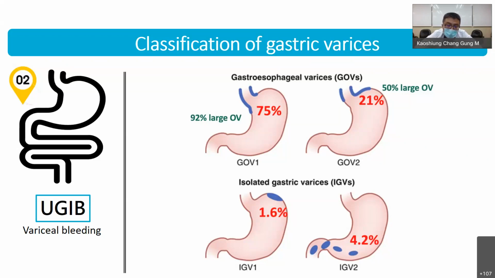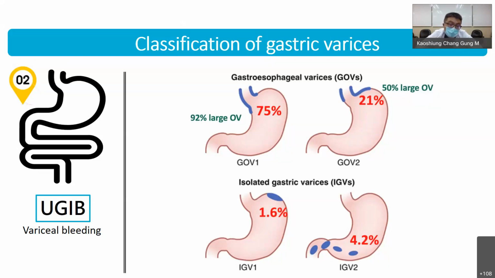The lower picture is IGV. That means isolated gastric varices. That means patients have no esophageal varices and only have gastric varices. You can see IGV2 on the right side and lower part of our pictures, about 4.2% of patients have IGV2.